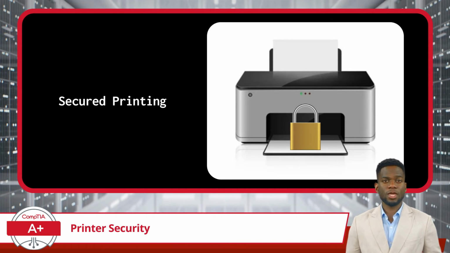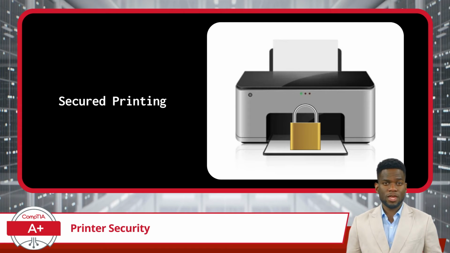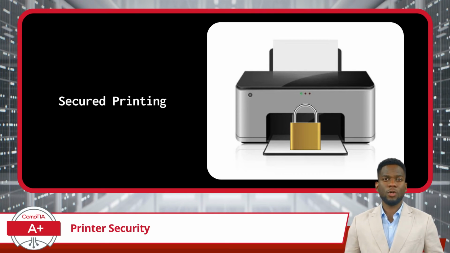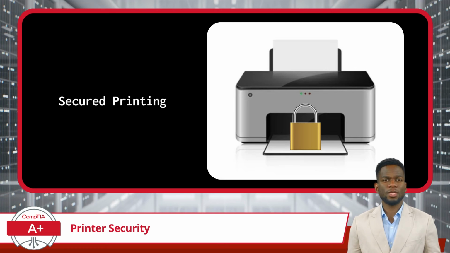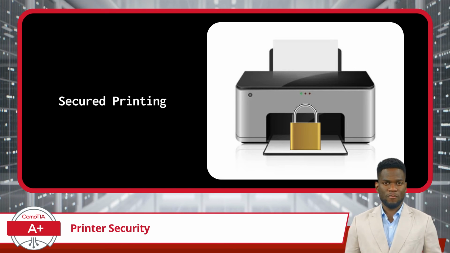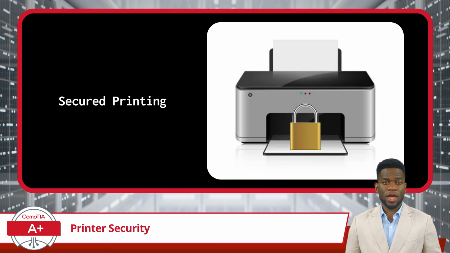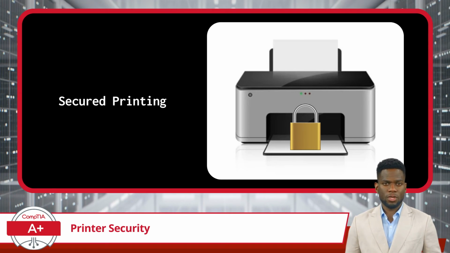The primary objective of secured printing is to mitigate the risk of unauthorized access to sensitive documents. Instead of immediately printing documents upon submission, secured printing temporarily holds print jobs in a protected queue or virtual print vault within the printer's memory or storage. This prevents confidential documents from being left unattended in the output tray, where they could potentially be intercepted, viewed, or taken by unauthorized individuals.